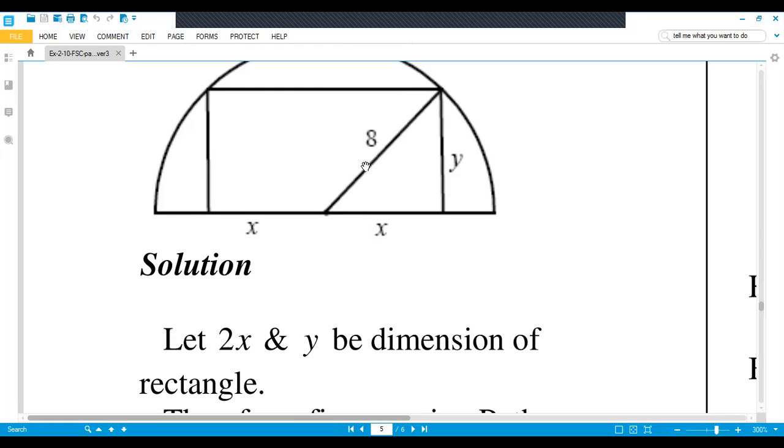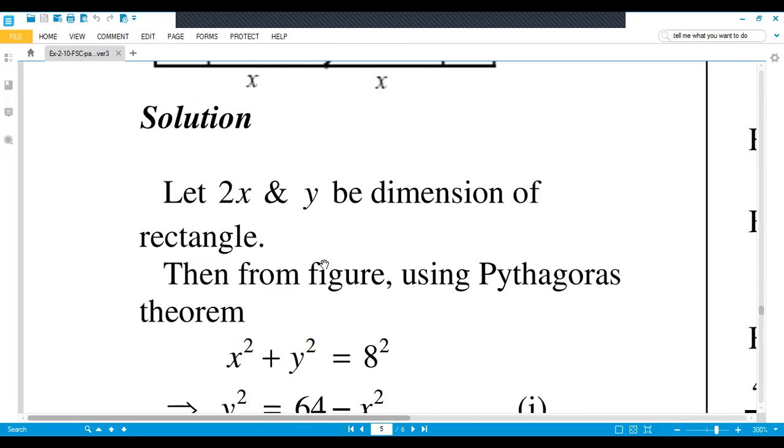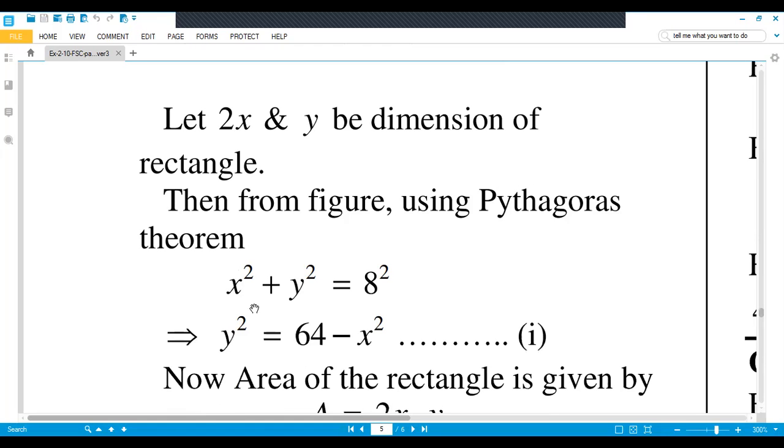Here y is the perpendicular, x is the base, and this 8 centimeter is the hypotenuse. The formula is hypotenuse square equals base square plus perpendicular square. So x square plus y square is equal to 8 square. Shifting x square to the other side, it will be subtracted, and the square of 8 is 64.